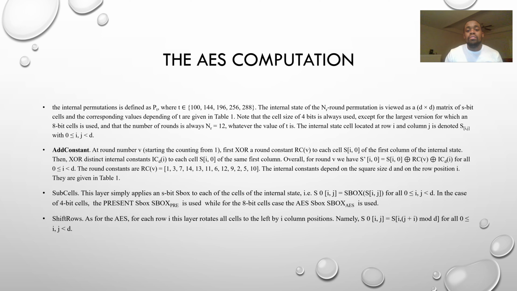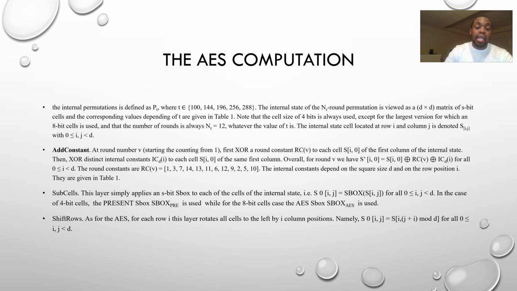The internal state of the N_r-round permutation is viewed as a D times D matrix of S-bit cells, and the corresponding values depending on t are given in Table 1. Table 1 will be present in the actual paper; I just didn't want to put it in the slides because it was too big. Note that the cell size 4 is always used, except for the one case in Table 1. Like I said, I'll go more in depth with this step in the actual paper.